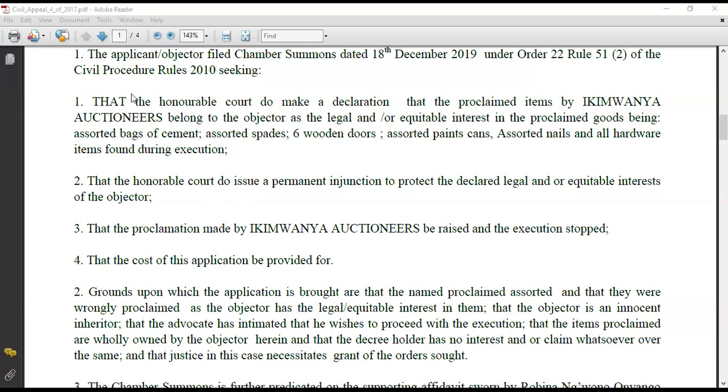So I can open that one. So, Advocates Remuneration Order.